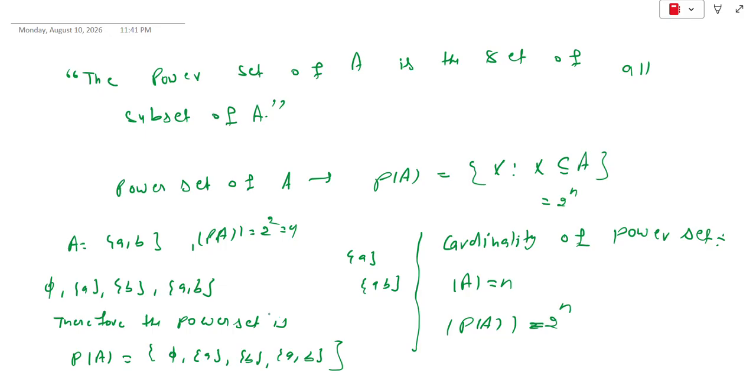So we discuss a special case when A is the empty set. This is my special case. Then the power set of A is also {phi}. So the cardinality of the power set of A is 2 to the power 0, which is equal to 1.